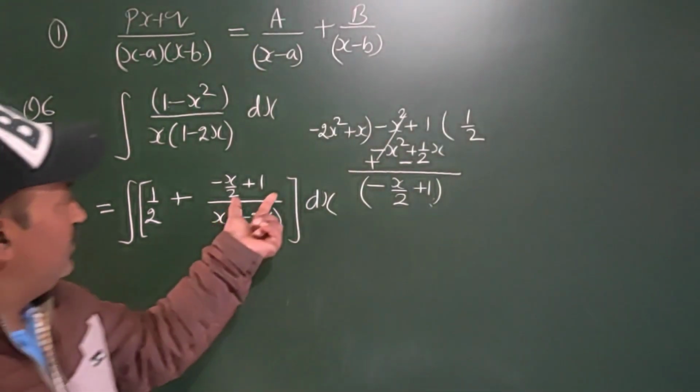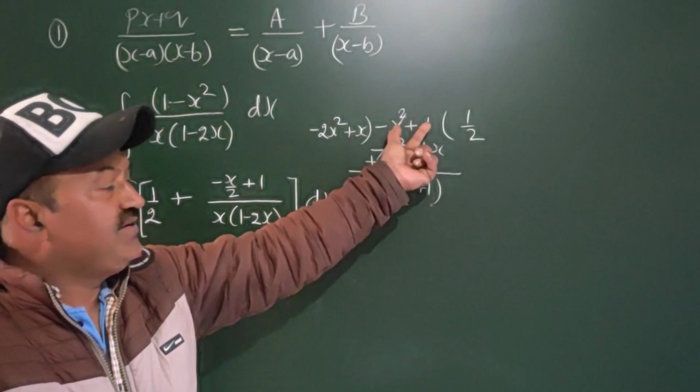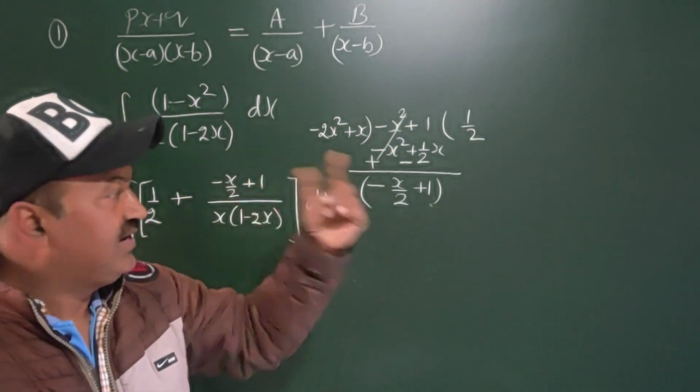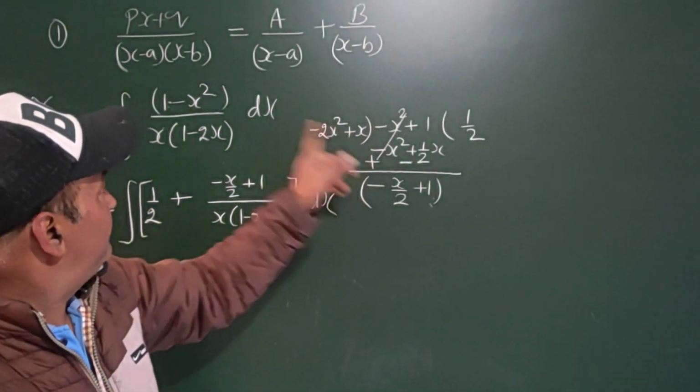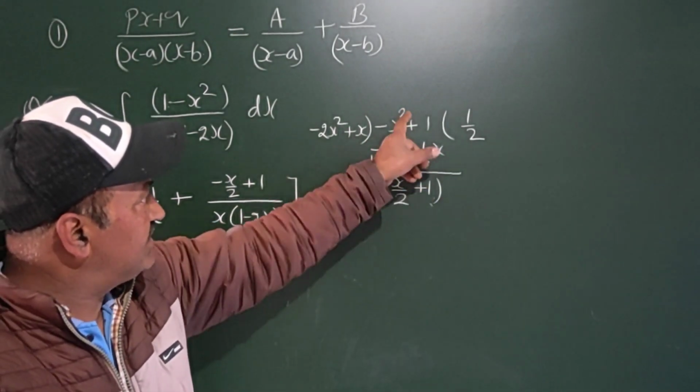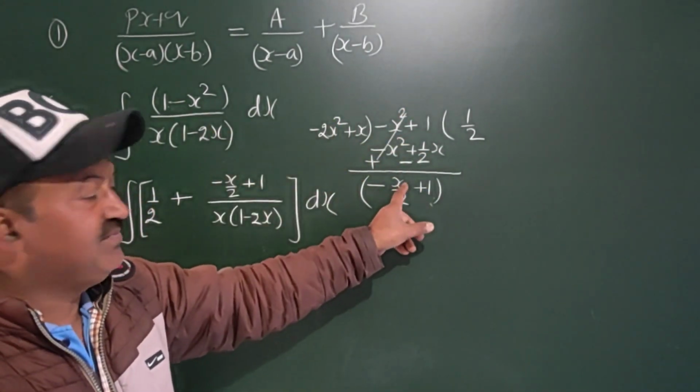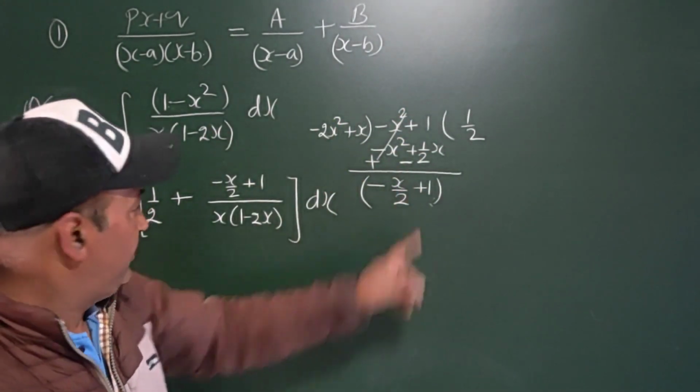We have to divide the numerator by the denominator till the degree becomes less than that of the denominator, and here it becomes degree 1.